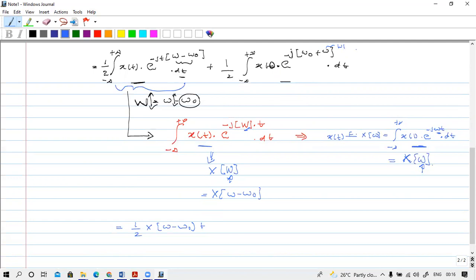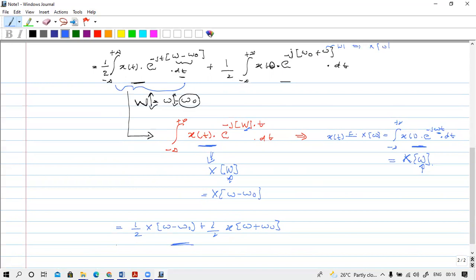So you will get the expression with capital X(W1), as in this case. Here capital W1 is omega naught plus omega, so you have half X(omega plus omega naught).